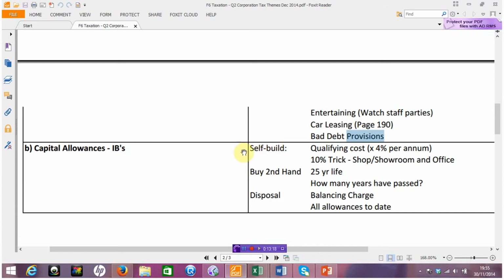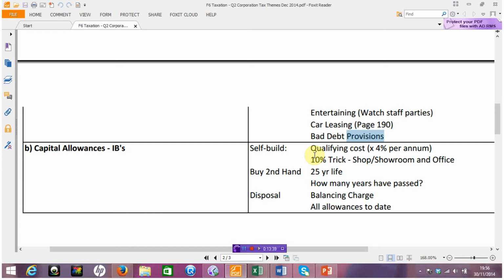Now this way here I haven't seen too much. In other words, what we're saying is that the company in effect self-bills, or indeed pays a construction company to build it for new, or indeed from new. And really the trick here is, what is the qualifying cost?